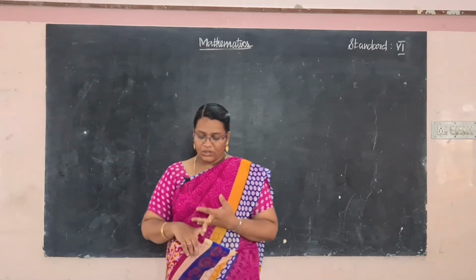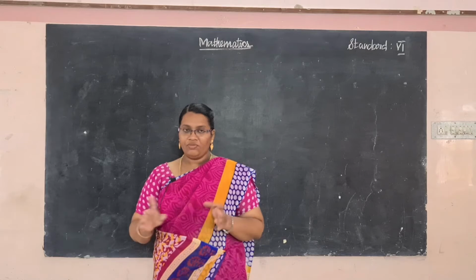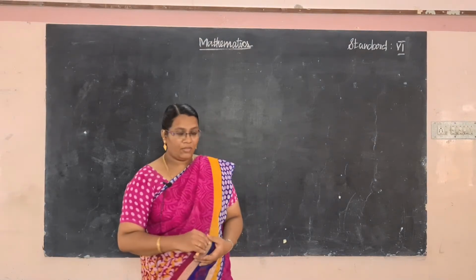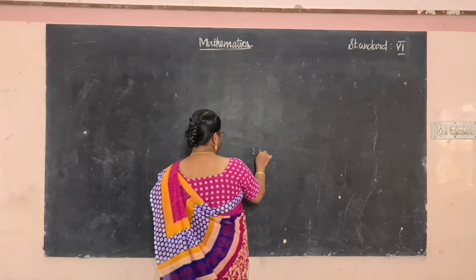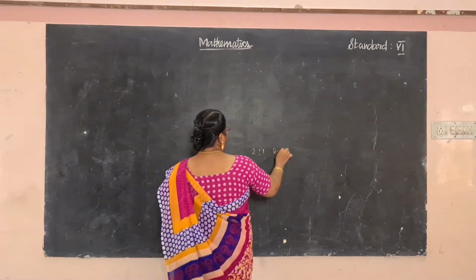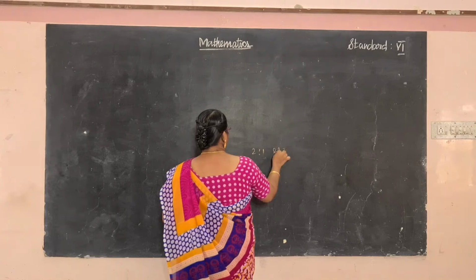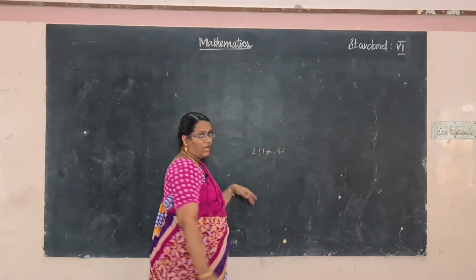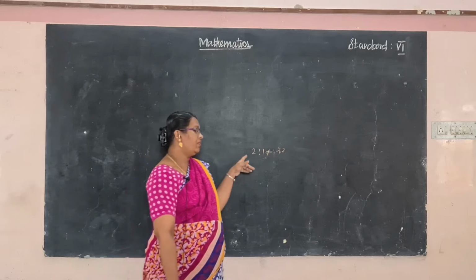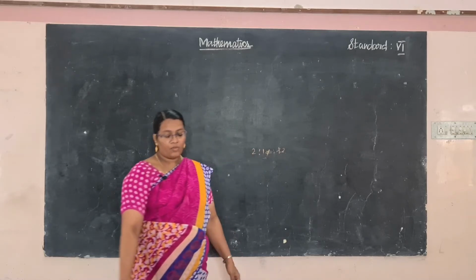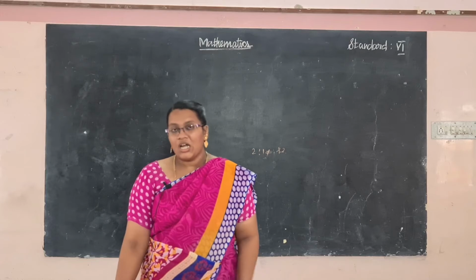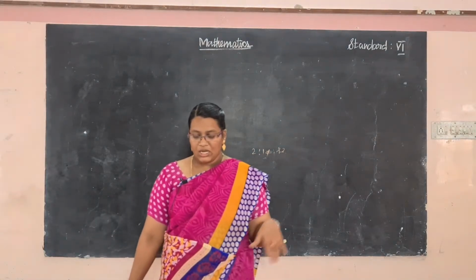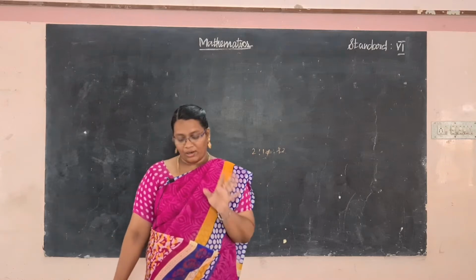And the third one, the order of the quantities in the ratio is very important, because 2:1 and 1:2 are different, it's not equal. So you have to check whether the ratios are properly written or not, okay.